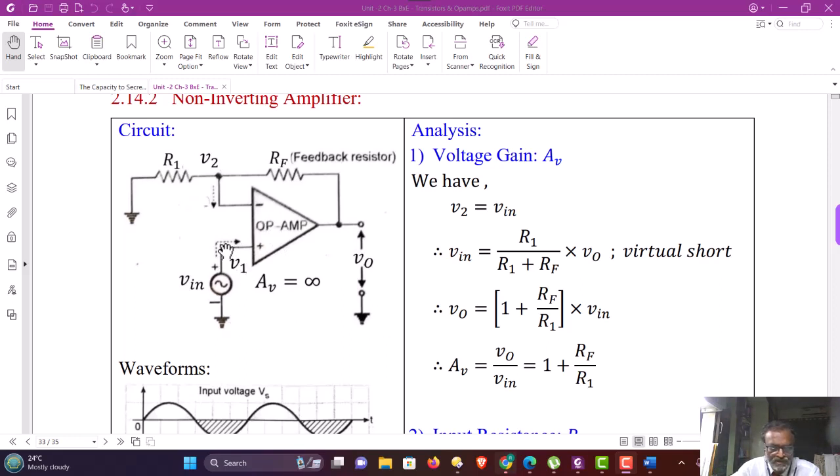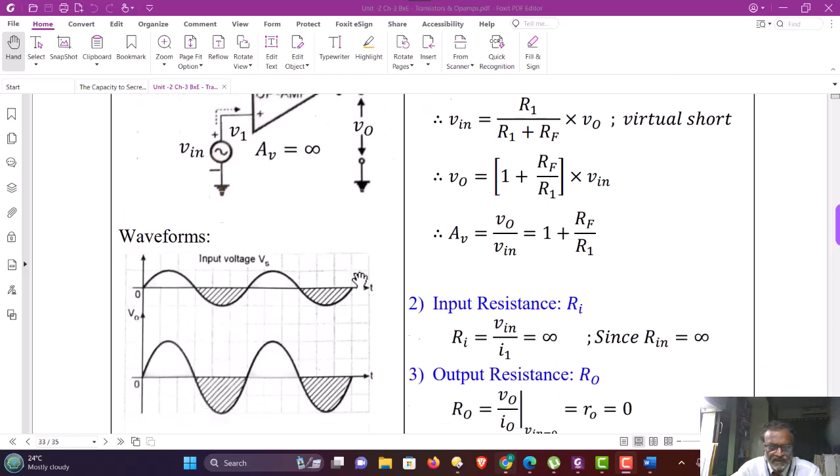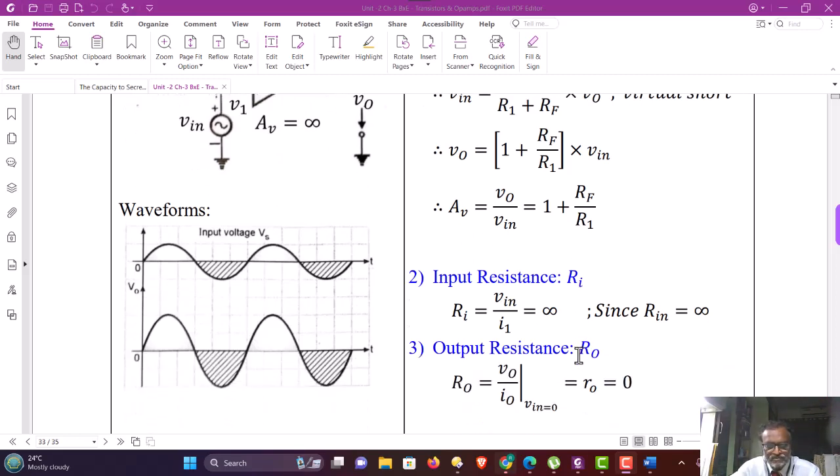Therefore, Iin in the non-inverting terminal approaches 0. And therefore, the ratio Vin by Iin is equal to Vin by 0, approaching infinity.